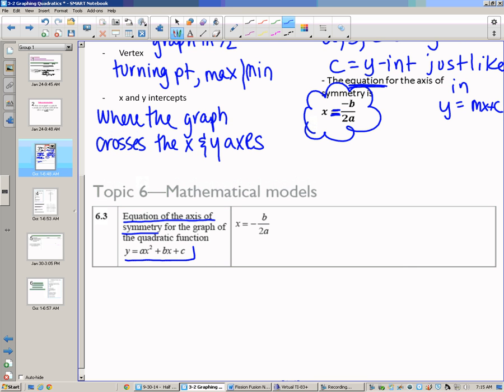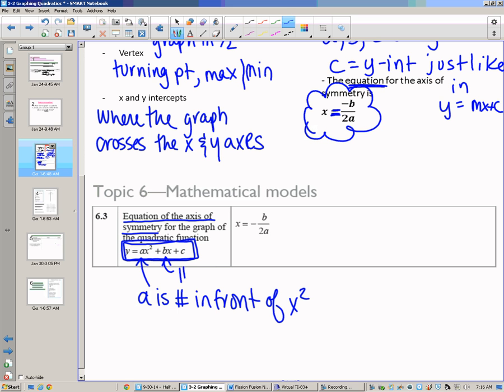It's saying you need the quadratic in this form, and the numbers you're going to be looking at are the a, which is the number in front of the x squared, the coefficient, and the b, which is the coefficient of the x. And the equation is x = -b/2a.